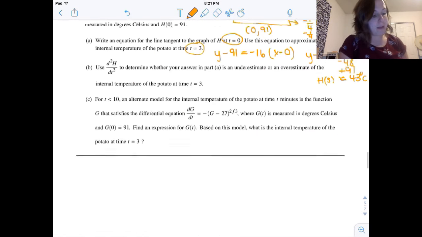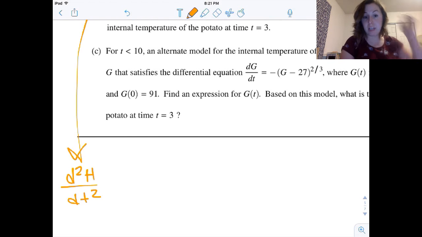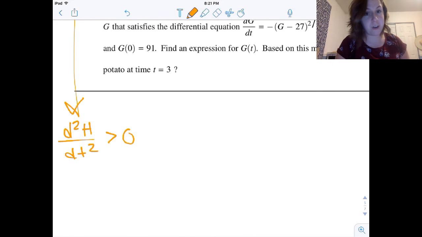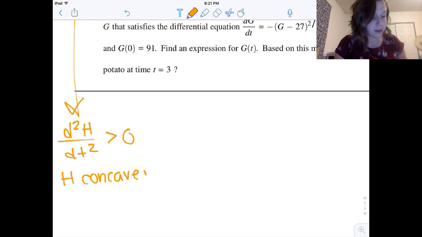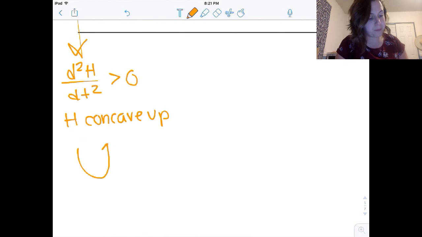So second derivative. You should always, when you see second derivative, think about concavity. So if the second derivative is positive, that means that this function h would be concave up, right? Think about what that looks like. If h is concave up, then the tangent line is below that line, right?